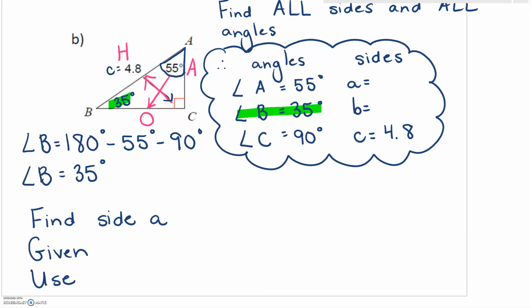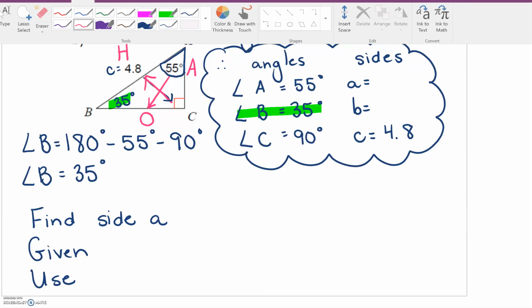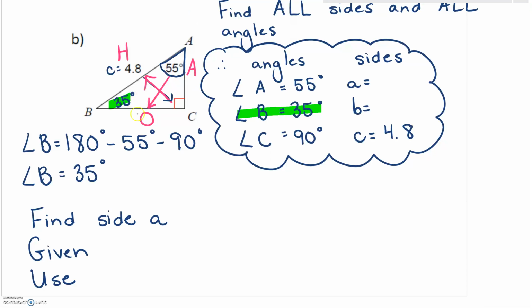If you work from angle 35, that's okay, but one, make sure that you know it's right, and two, you have to make sure that you change the opposite and the adjacent. Okay? Right now we're working from angle 55, which means my opposite is across from angle 55 degrees. So now I know what side a is. Side lowercase a is across from capital A, so it's my opposite.